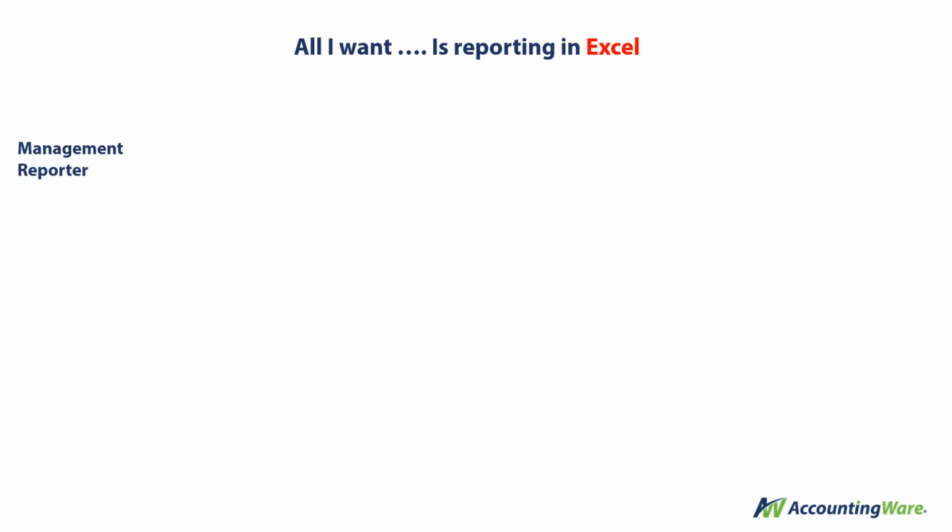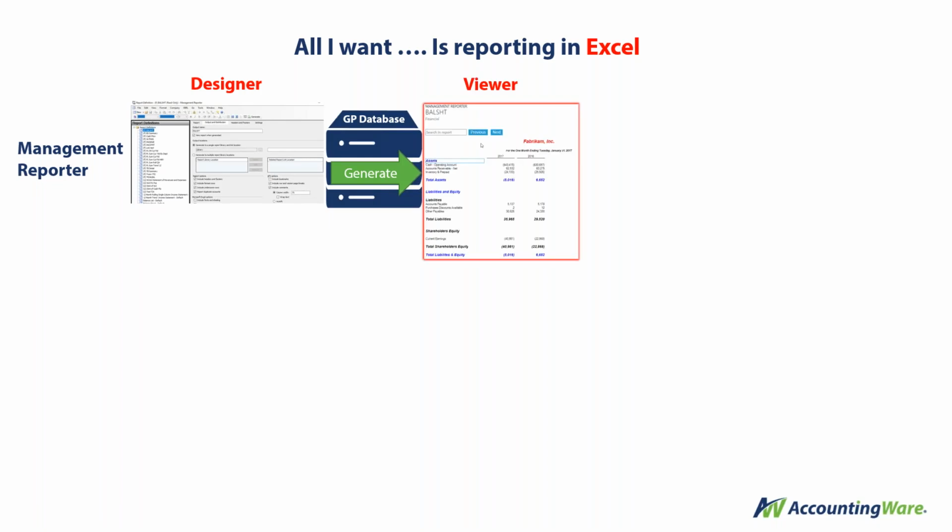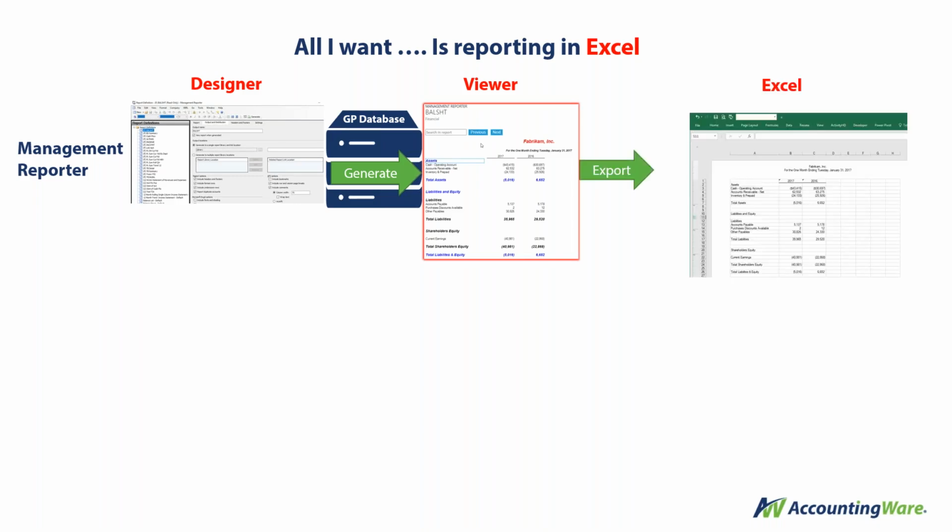Now, I know a lot of you use Management Reporter, so this graph will show you what I've just talked about. With Management Reporter, you have a designer, and you run that through the GP database, and you come up with a viewable list of your spreadsheet, in this case, a balance sheet. And from that, you export this to Excel.